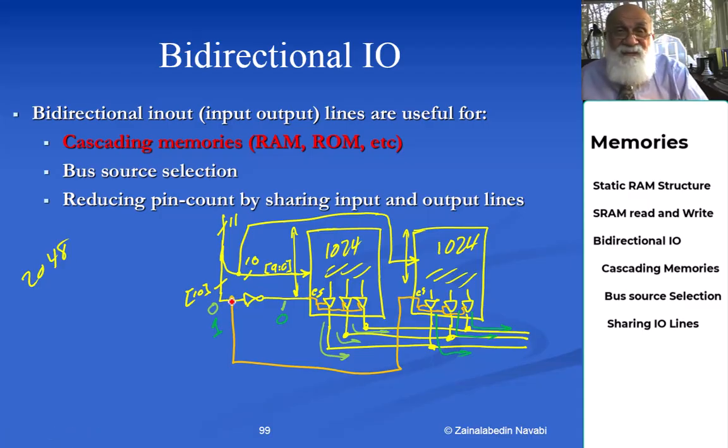So you're cascading. You're putting two smaller memories, making it a bigger memory. And this is expanding the word length. I'm sorry, expanding address space.